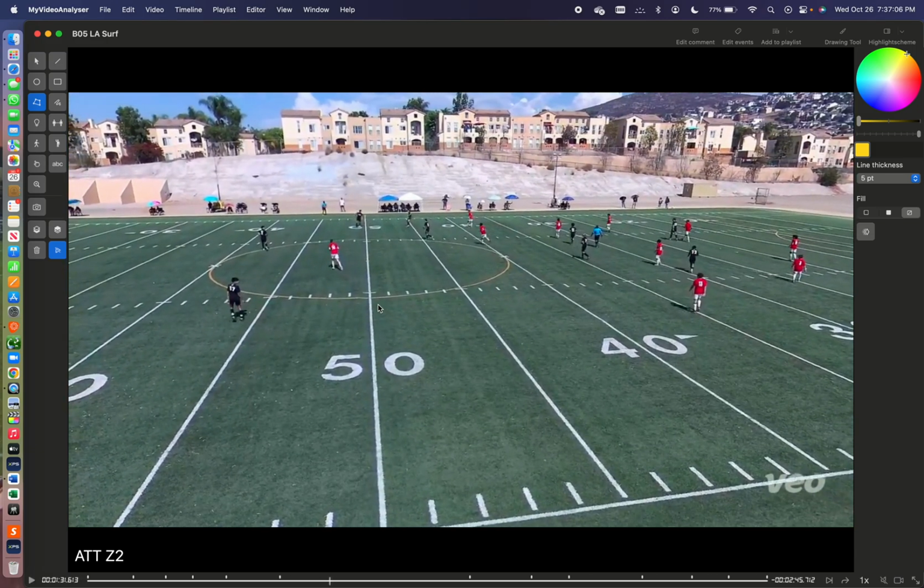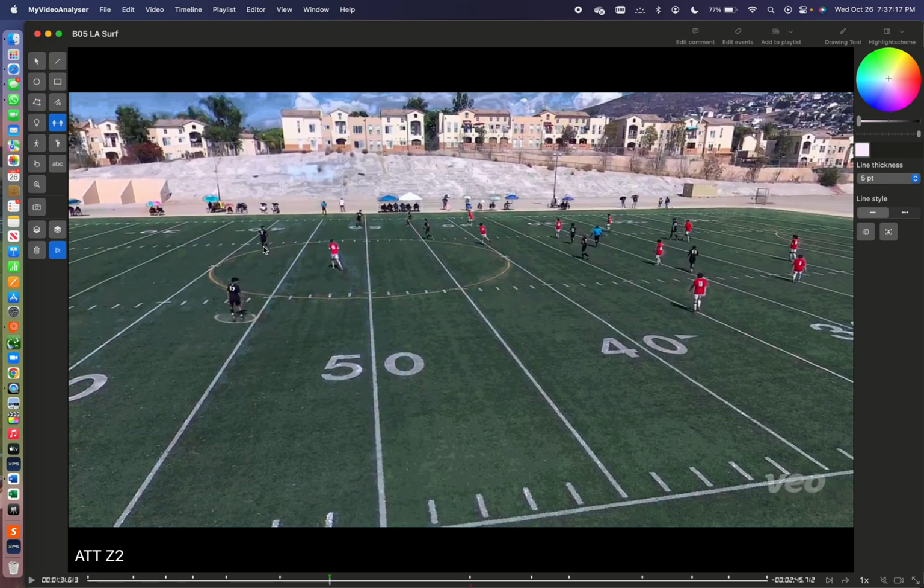But again, now back 3. The base is okay. We ideally would like to have 3 and 2. So it should look a little bit like this. So the 3 are here. So this would be center back, center back, center back, left back.